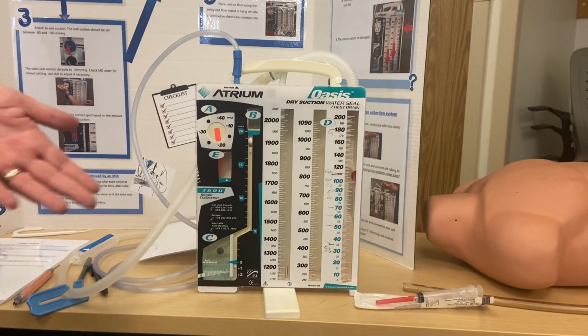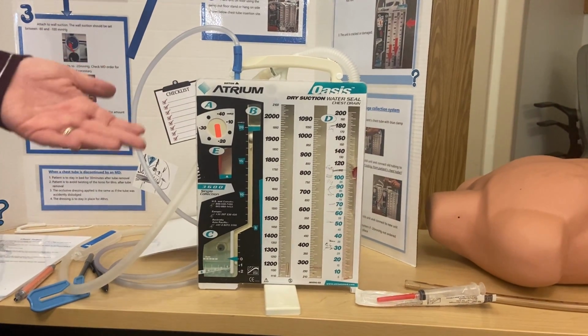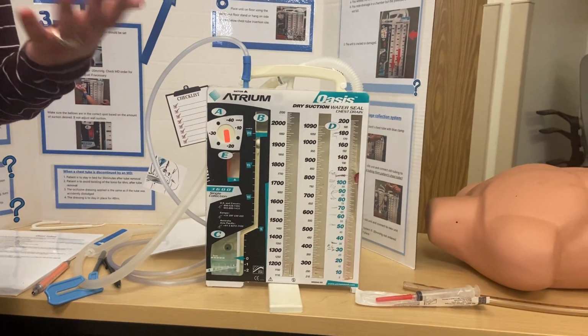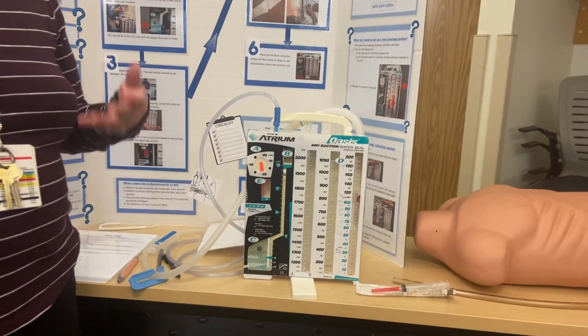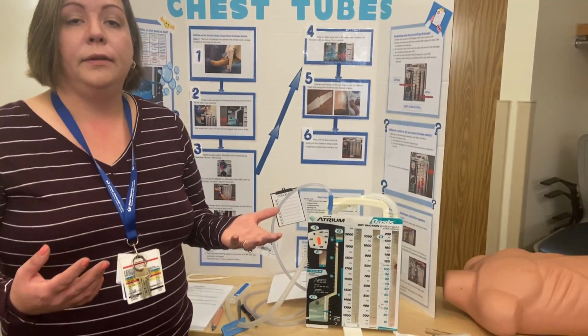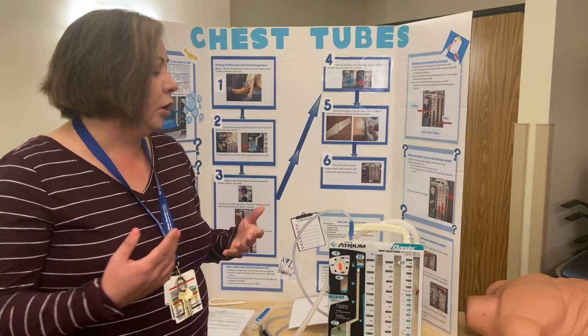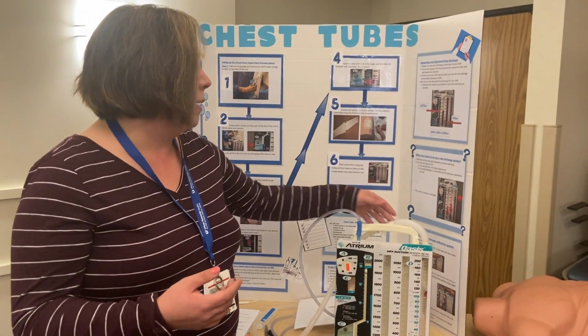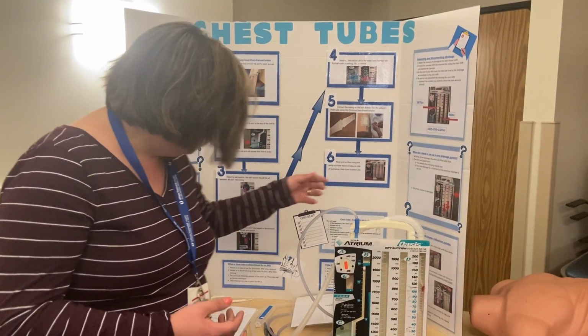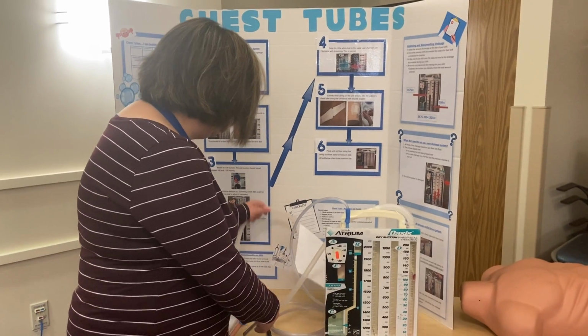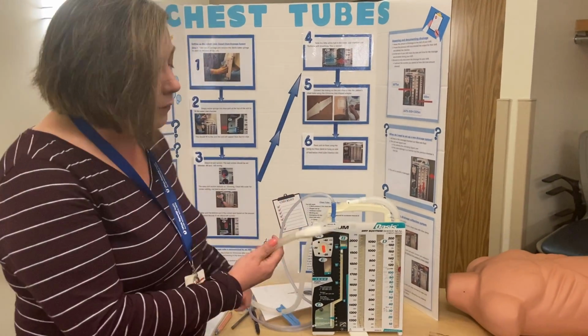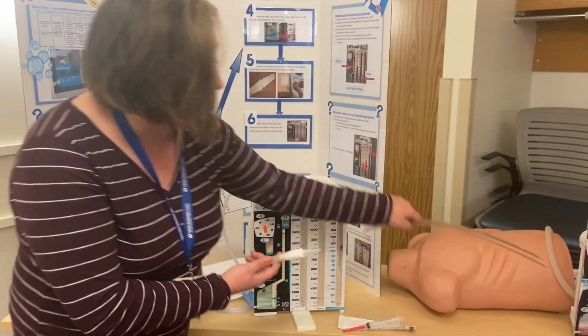Things you want to assess with your patient, you would obviously want to make sure the patient's respiratory status was okay. You would want to make sure if they were experiencing any distress that you're troubleshooting and seeing maybe somehow something got disconnected. It could be potentially very easy to disconnect if this is not reinforced.